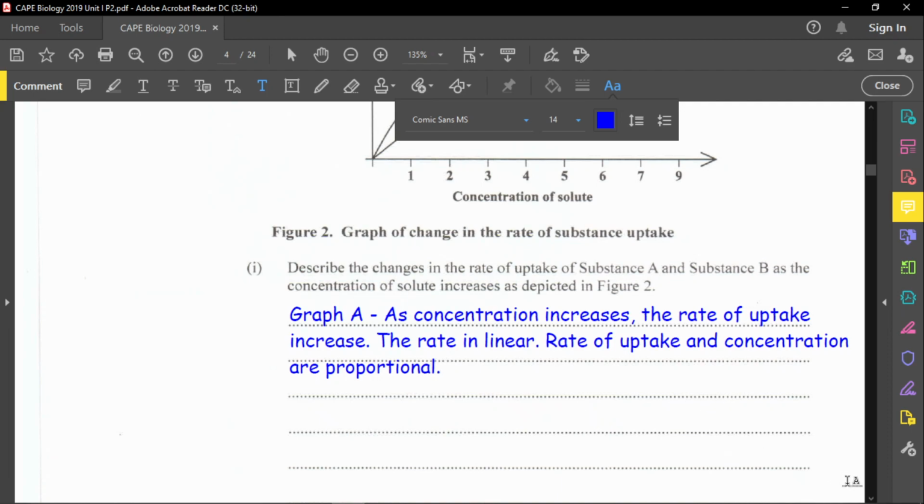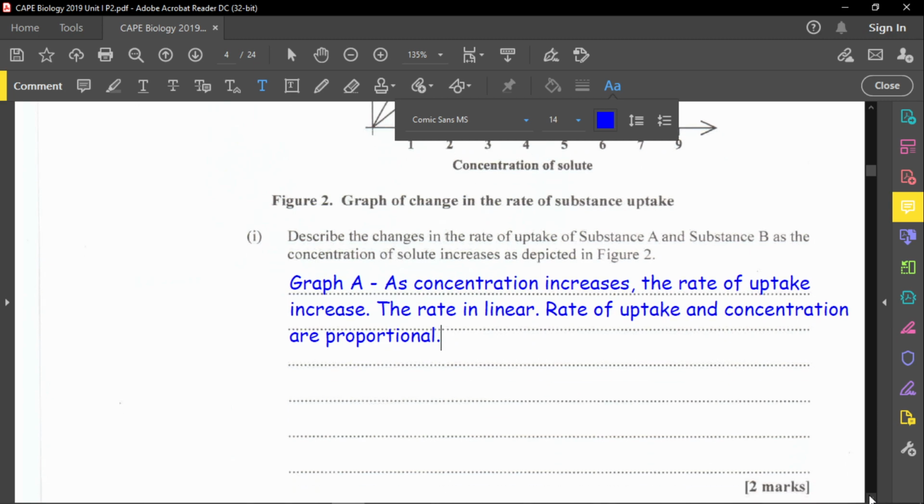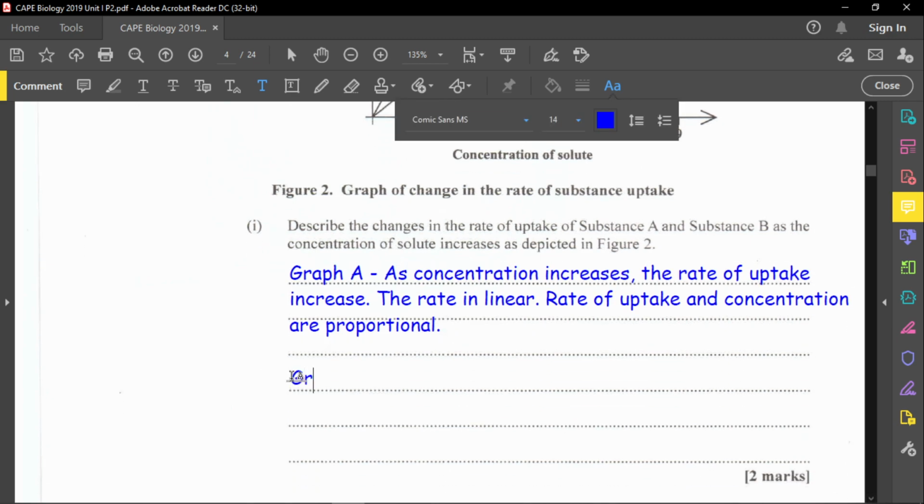Now for graph B, in terms of description of the changes, this is a 2-mark question, so it's not a lot of stuff that you necessarily need, but just explain what this graph is actually showing. So in graph B, as concentration increases, there is an increase in the rate of uptake.